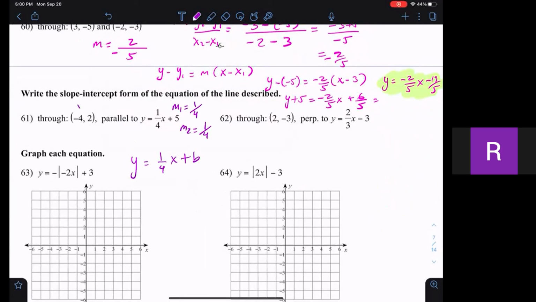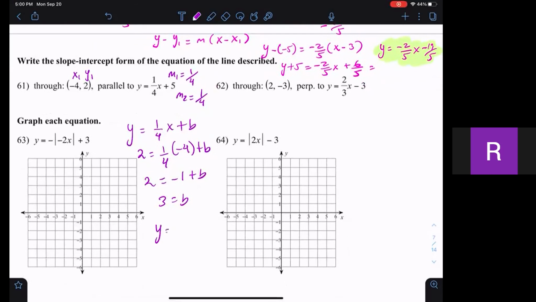So you have 1 point here, x1, y1. So you can plug that in the function. So this is 2 equals 1/4 times x, which is -4, plus b, and you find the y-intercept. So this is 2 equals -1 plus b, so b is going to be 3. So that means this is y equals 1/4 x plus 3. Okay, so that's the equation of that.